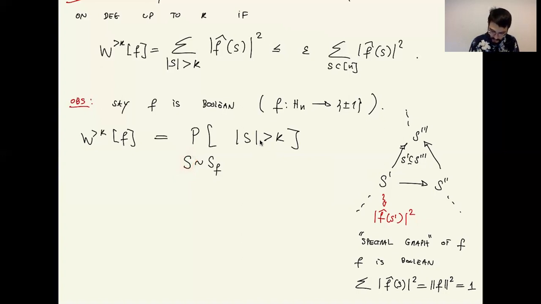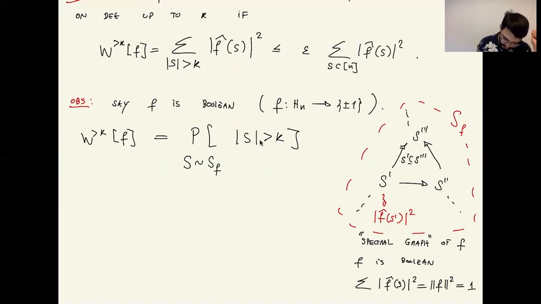S of f is this graph here. I randomly select one of these points with probability given by the Fourier coefficients of f, and then I compute the probability that you take one set S with cardinality greater than k, and that will be exactly this thing here. So you can see that also in a probabilistic way.